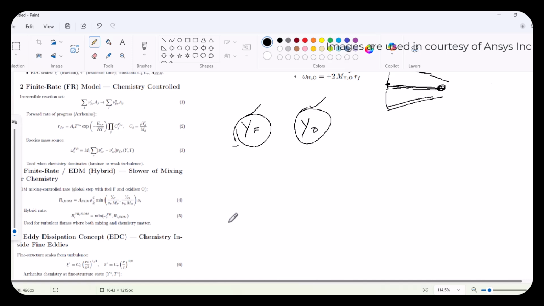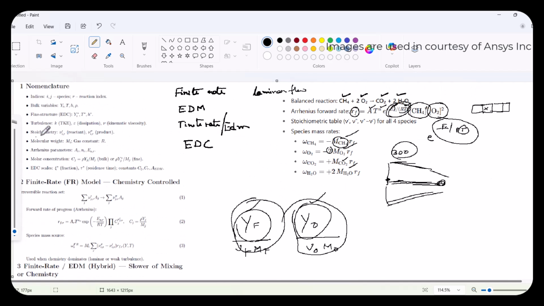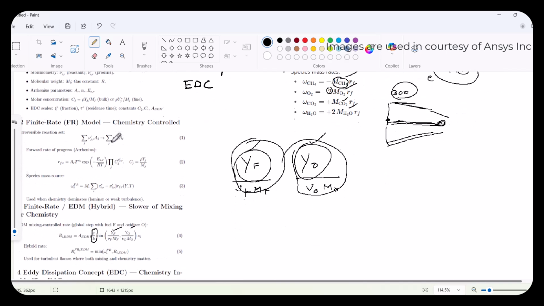So Y_F by nu_F into M_F, whichever value is low, that value is considered out of these two, and that is multiplied with epsilon by K. I've already listed out what all the terminology here means: dissipation, turbulent kinetic energy, all those parameters.